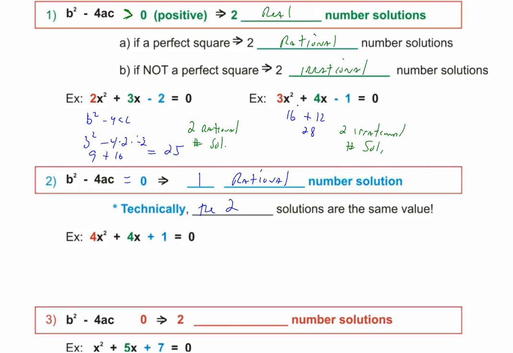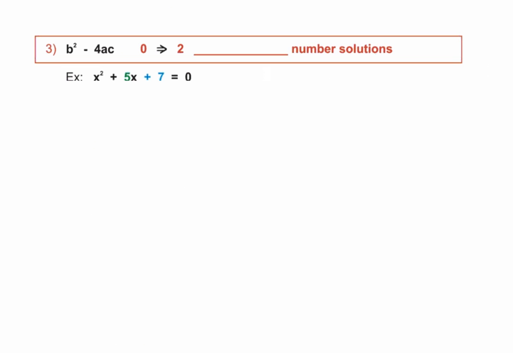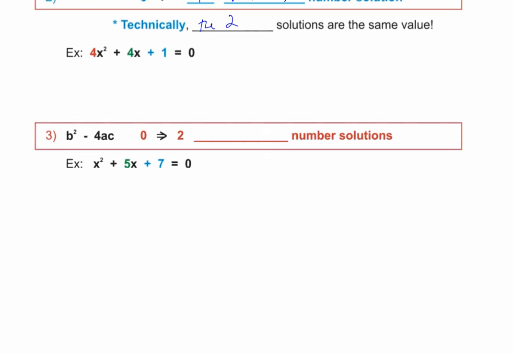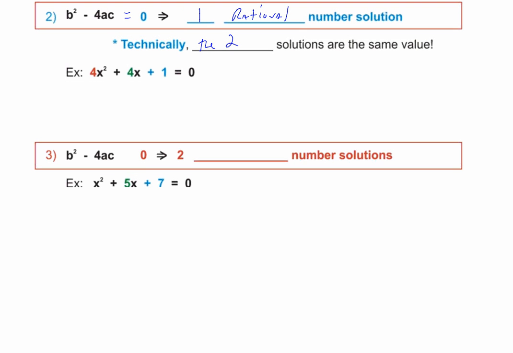Okay, let me go higher for you guys, so let me get rid of my shade. Okay, so go ahead and figure out the discriminant for this second example. Again, you're doing b squared minus 4 times a times c. And lo and behold, what did you get? 0.